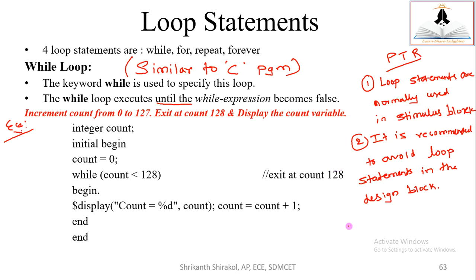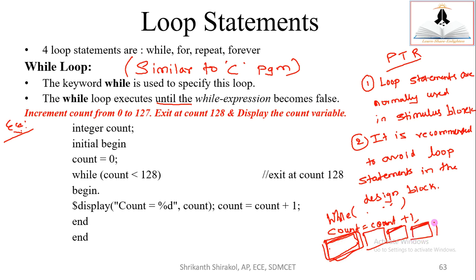Why? Think that you have used a loop statement, like count is incrementing, so count equals count plus 1. This count plus 1 will have some hardware. If you put it in a while loop until some condition is satisfied, then your hardware has to replicate this prototype of the hardware repeatedly in your mapping or synthesis.